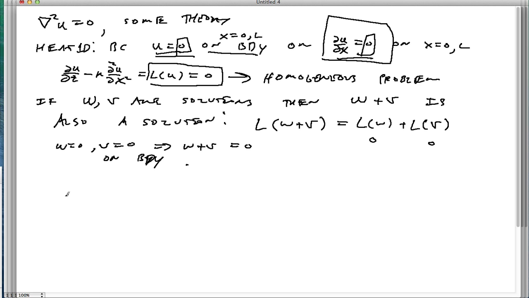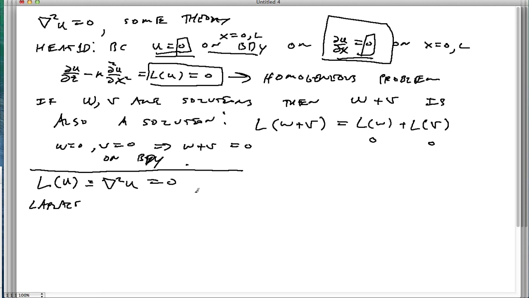But now let's look at our new problem. We had these prescribed temperatures. Now we have a new L. So that was with the heat equation. Now with Laplace, we have a linear operator. We set it equal to 0, so that's definitely homogeneous, at least in that respect.